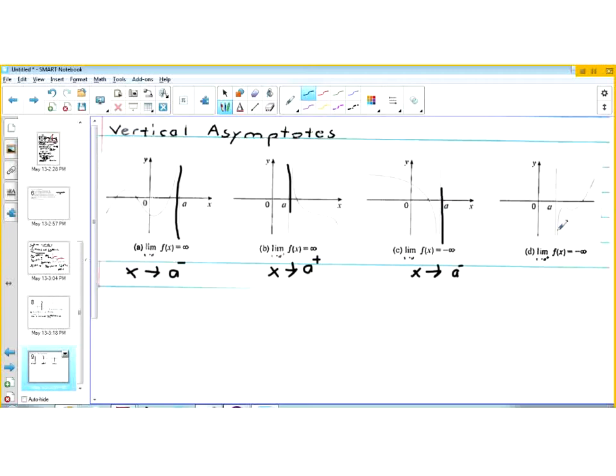The output goes to minus infinity. And here as x approaches a plus, the output goes to minus infinity. So one-sided limits can result in infinity or minus infinity outputs as well. And those are all, of course, the definitions of vertical asymptotes.